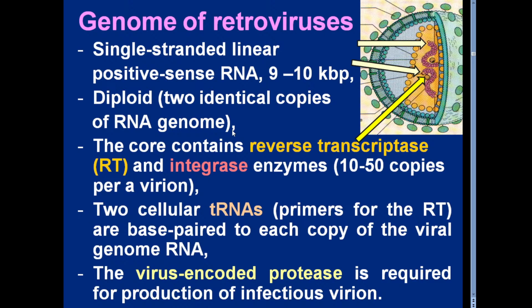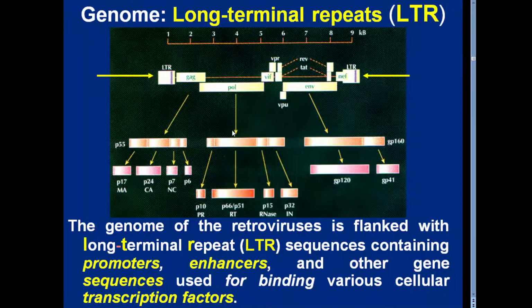Then three main enzymes: reverse transcriptase, integrase, and protease. If we talk about the structure of the genome, then in retroviruses the genome is flanked with long terminal repeat LTR sequences containing promoters, enhancers, and gene sequences used for binding virion cellular transcription factors.